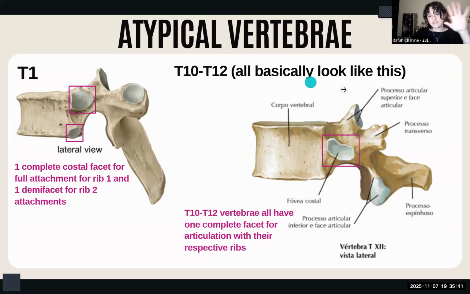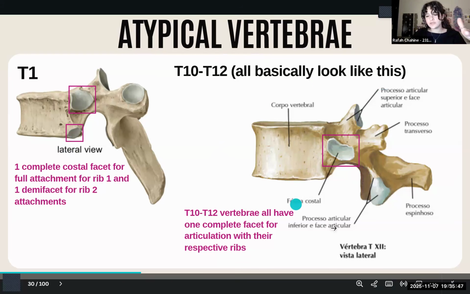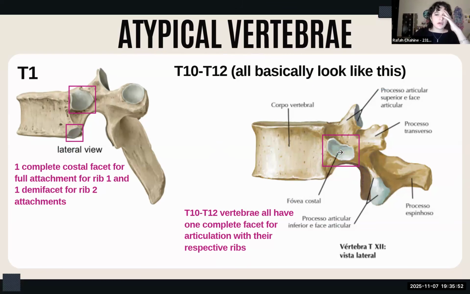For T10 and T12, again, I fought demons and failed miserably to try and find pictures for each one separately. So I just found one for T10, and it's in Spanish, but I think we can put our brains together and translate. T11 and 12 also look kind of like this, so we're good. What makes them atypical? They only have one complete facet, okay?